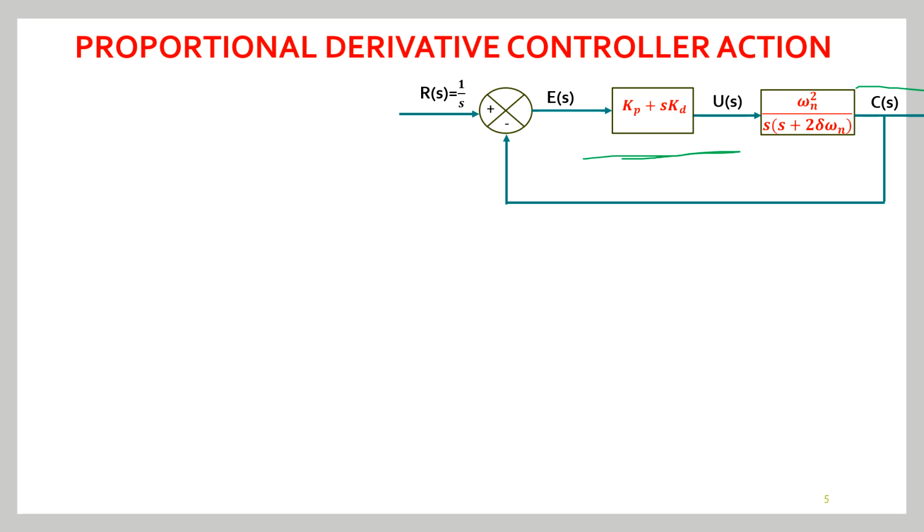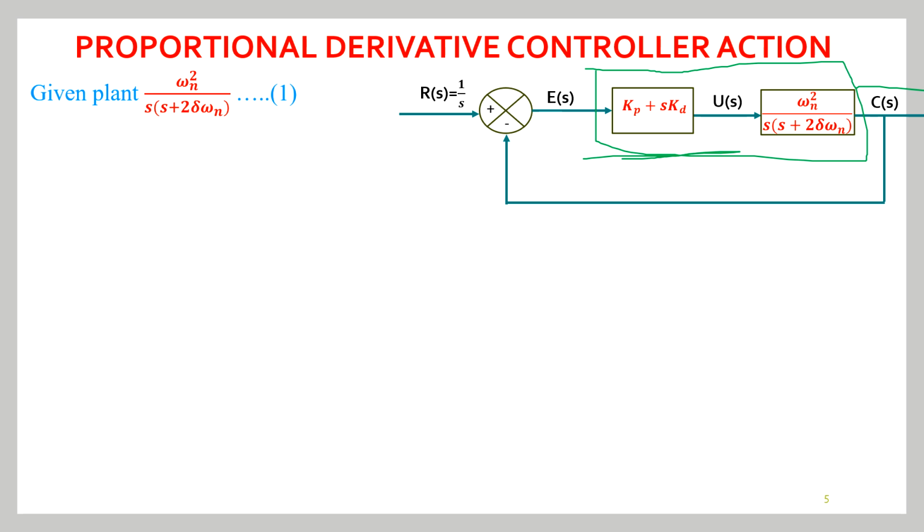Kp is the proportional gain constant and Kd is the derivative gain constant, so they are added together. Now the feed forward value is the product of these two terms, as these two blocks are in cascade. R of S is 1 by S, a unit step signal. A unity feedback system is assumed, so H of S value is 1.